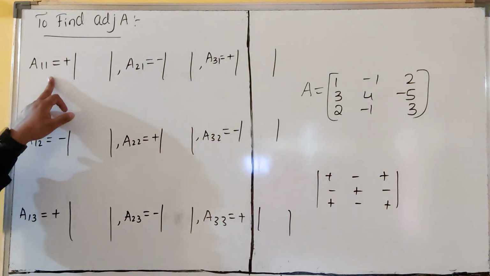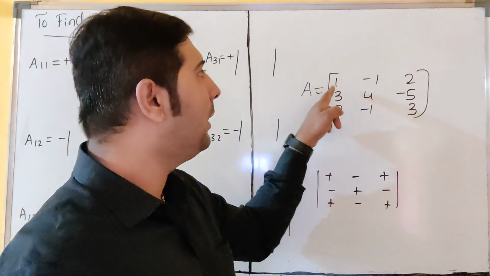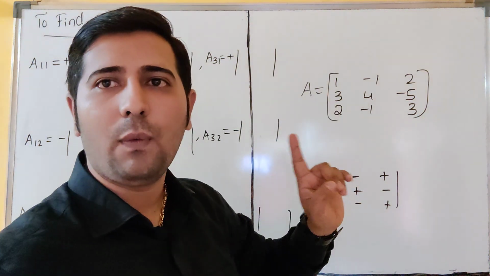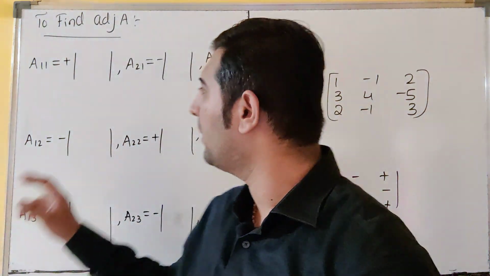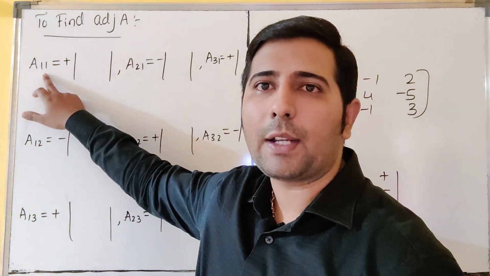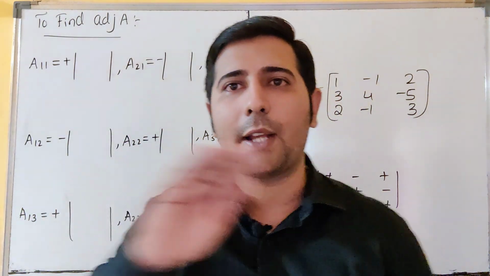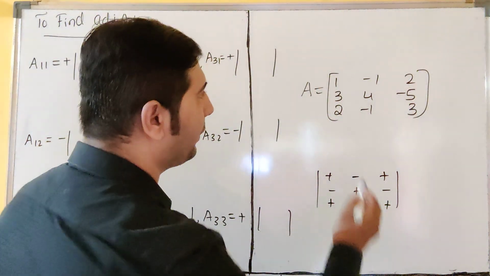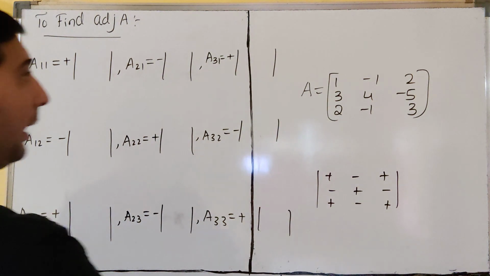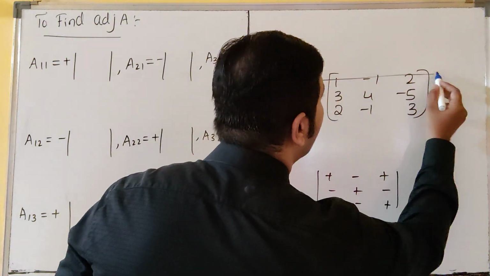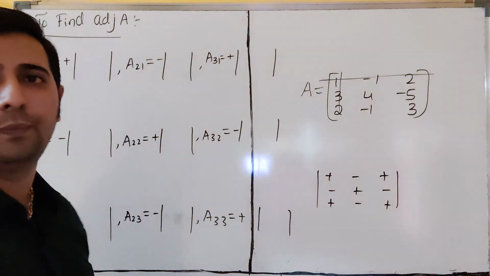A11, how to find? A11, see here. A11 is first row, first column. You leave first row, first column. See here, I will show. First row you leave, first column you leave.